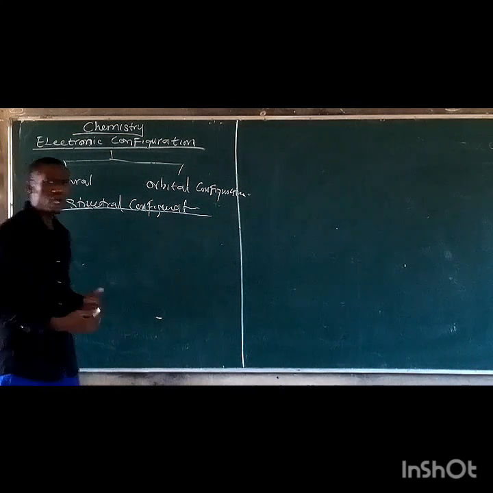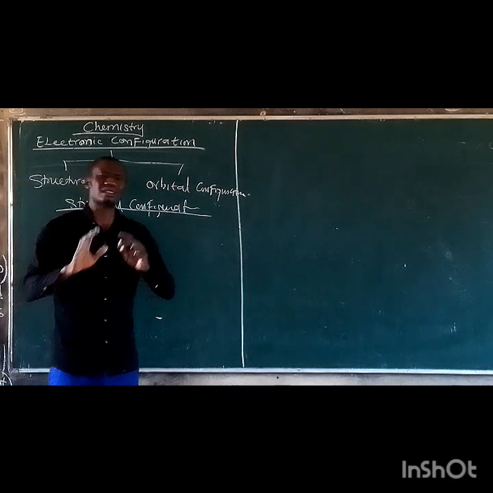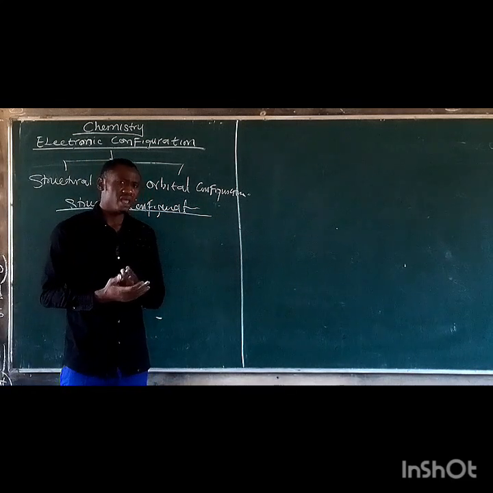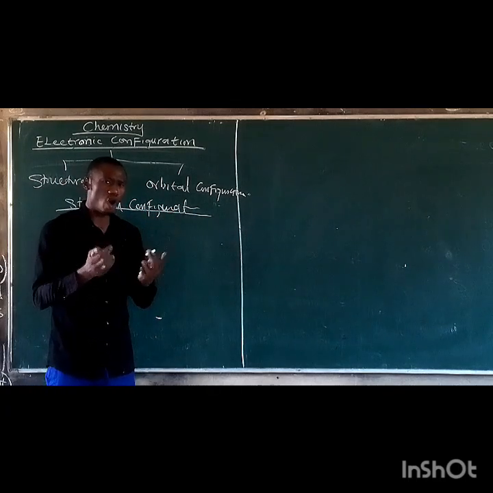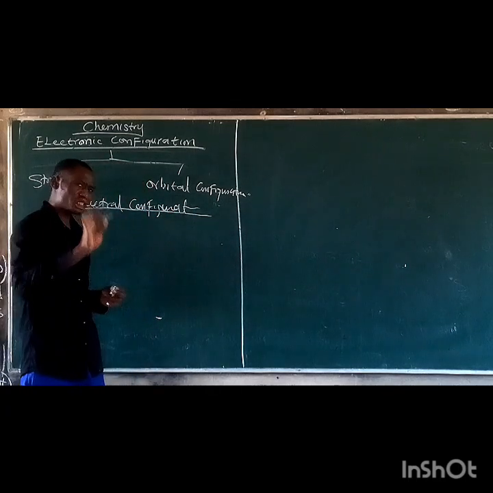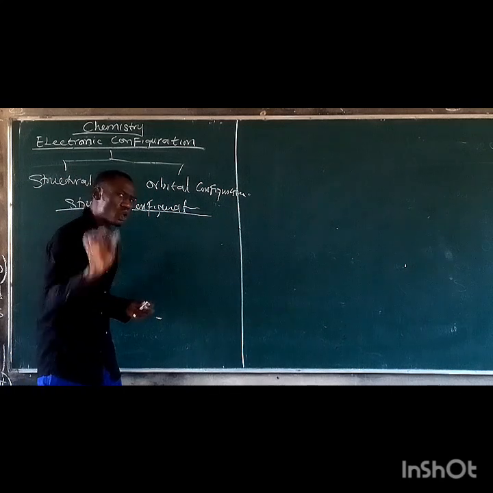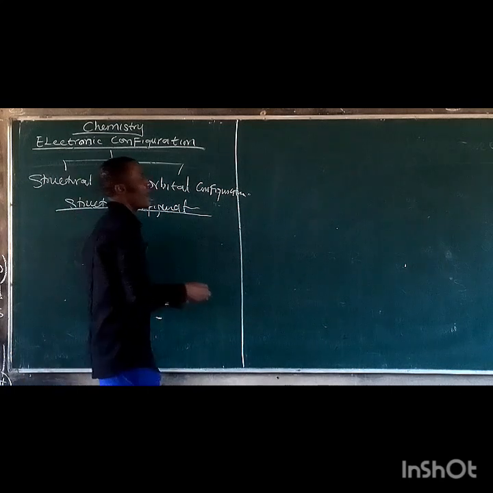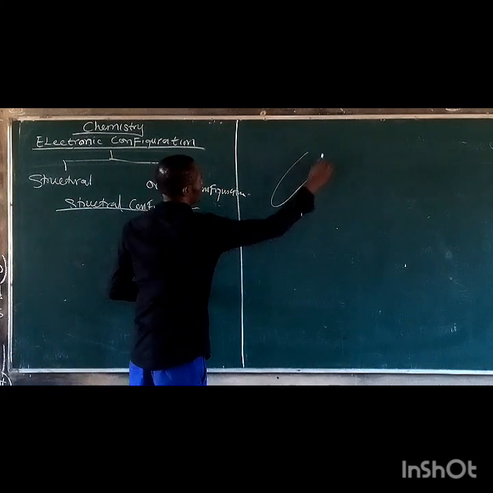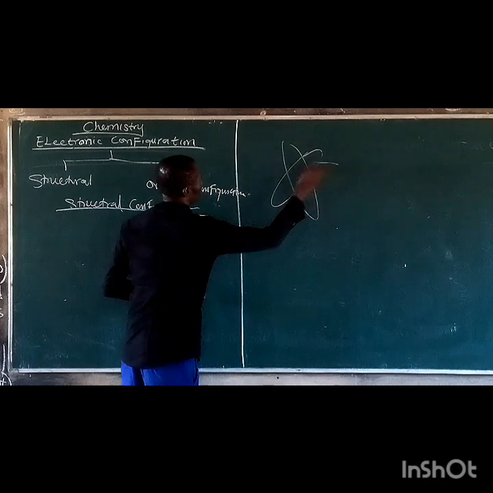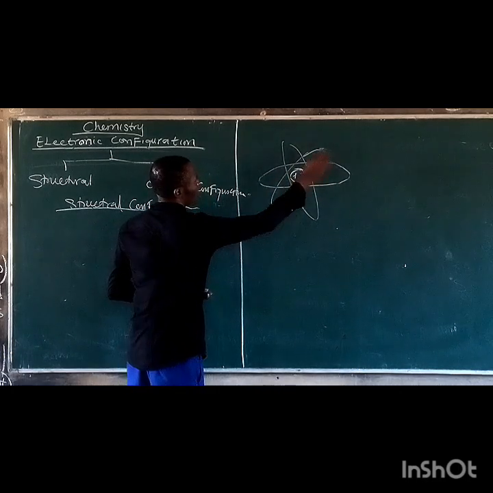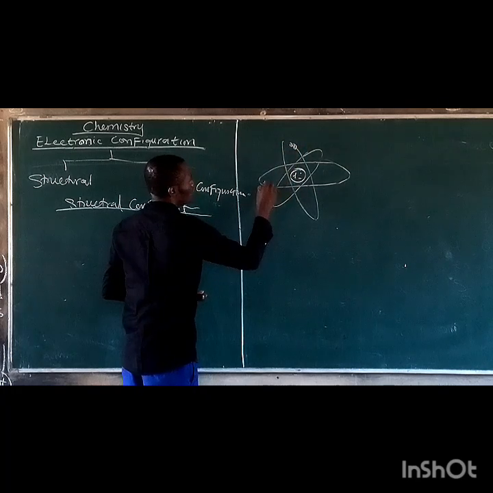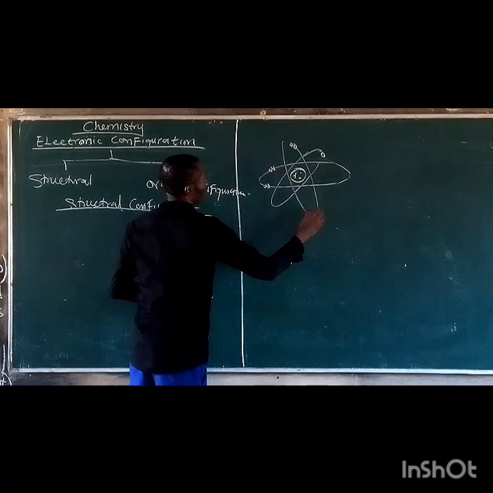In the structural configuration, you notice that atoms of elements have what we call shells or orbits. In those shells and orbits, electrons revolve around. An example of an atom of an element has a positive nucleus, with shells and electrons revolving around the shells.